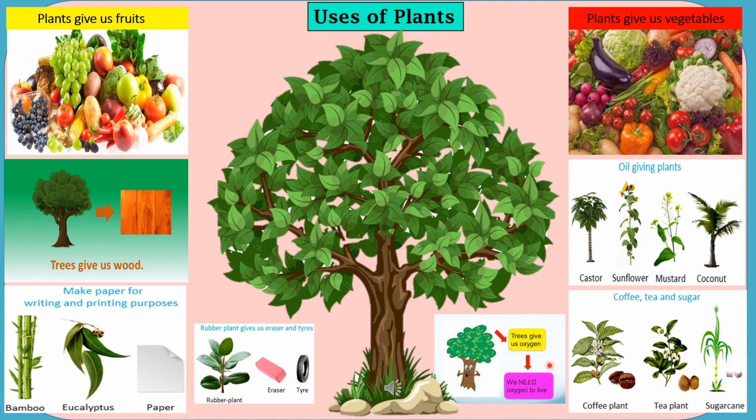So all the oxygen gas that is present in the air is given by the plants. The last pictures I have pasted are the coffee plant, tea plant and sugar cane. So you can say that all the things we need as food, we can get from the plants.